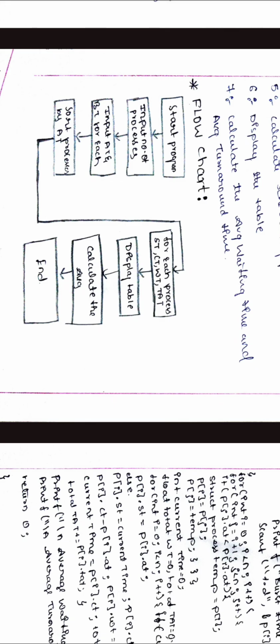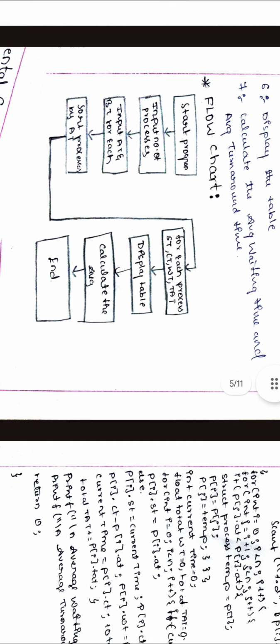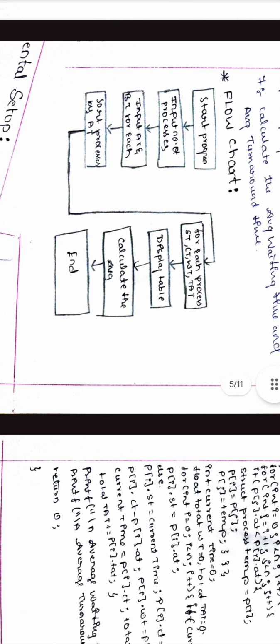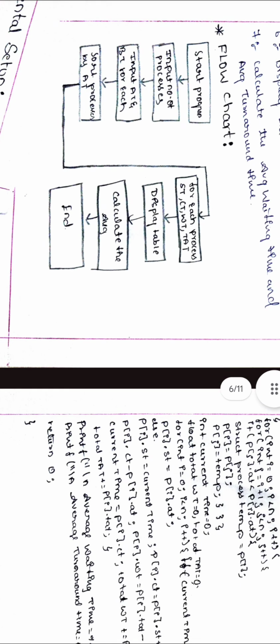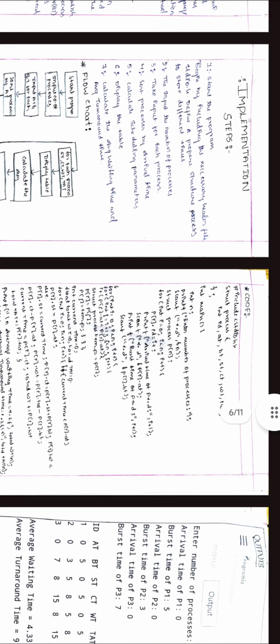Then for each process, we calculate the starting time, completion time, waiting time, and turnaround time, and we display the table. Then we calculate the average of the waiting time and turnaround time. Then we write a Gantt chart. Then we end the process.